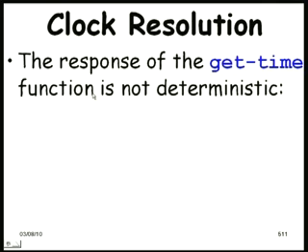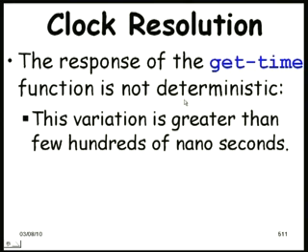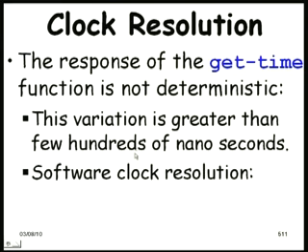It is not that every time it will complete in the same time. If it takes a few clock cycles to execute, it is not that it will always execute in that much time, because it depends on what task is currently running, whether there are other interrupts and so on. So, this variation in the completion of the get time function is much larger than several hundreds of nanoseconds.